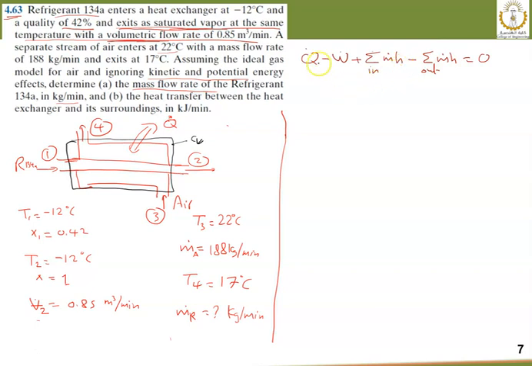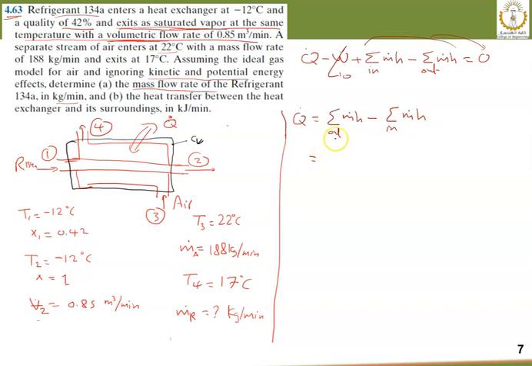So we have only the enthalpy. There is no work, so this is 0. So Q dot equals the summation of outflows of m dot h minus the summation of inlet flows of m dot h, because these are taken to the right-hand side with a negative sign.